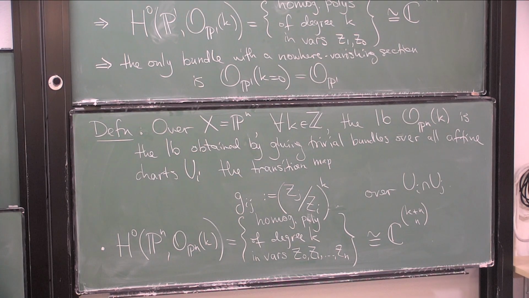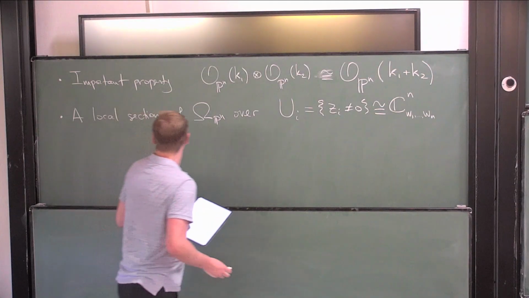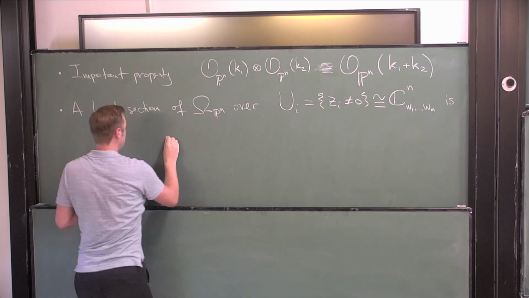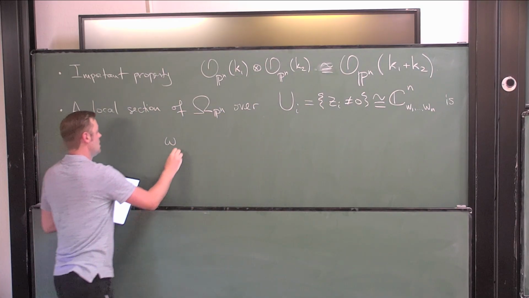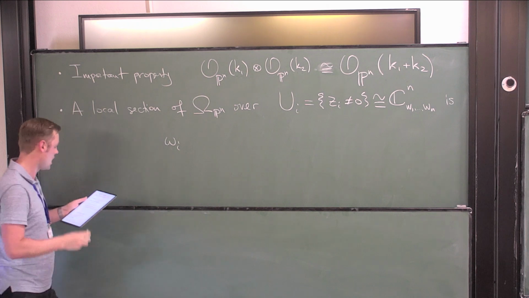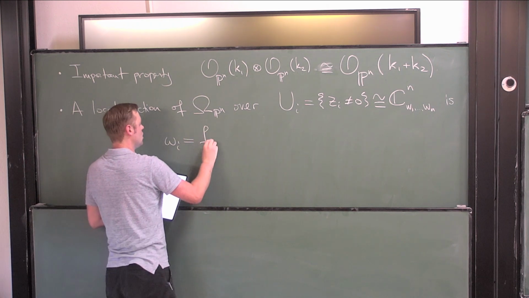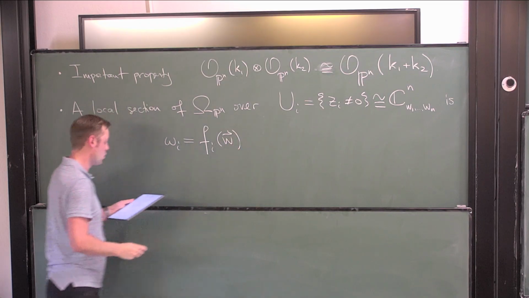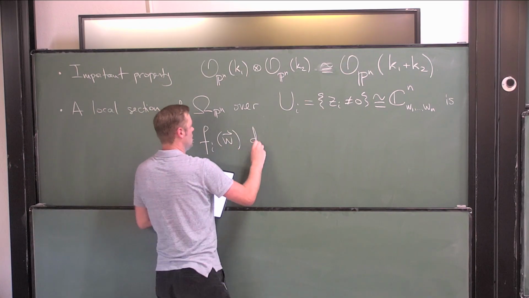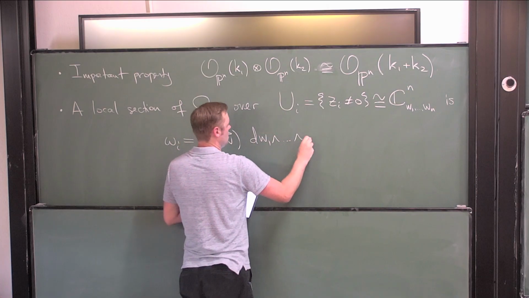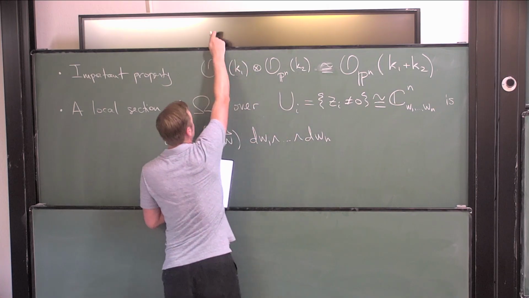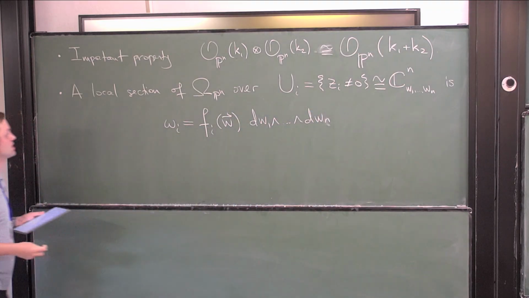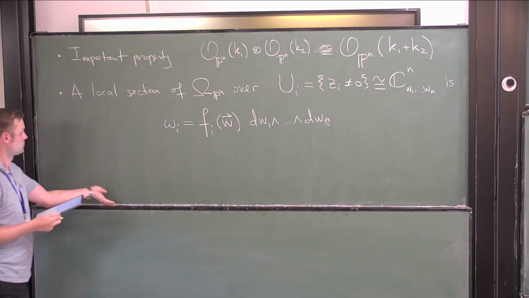So a local section of omega, as we saw before, is really just a holomorphic function of these coordinates w, generated by the only generator there is over this affine chart.